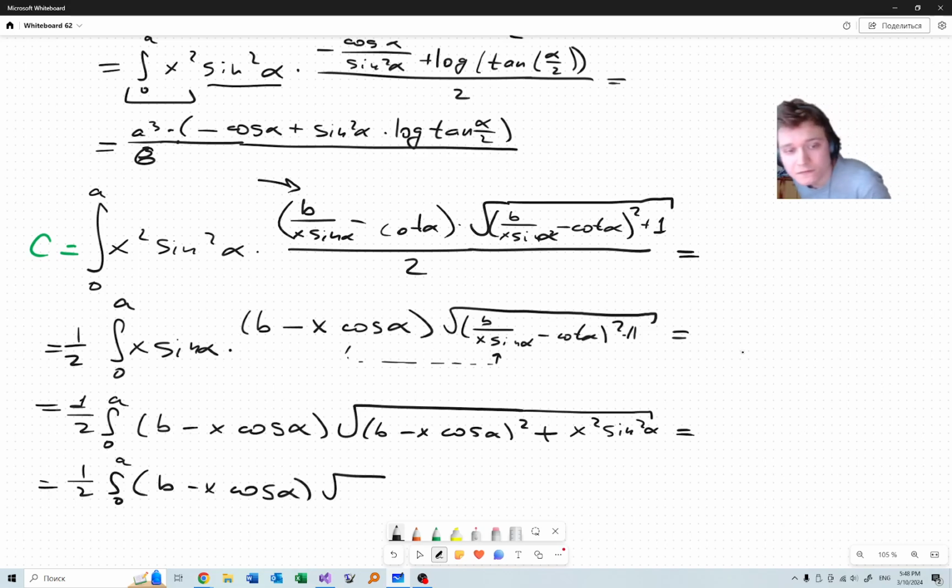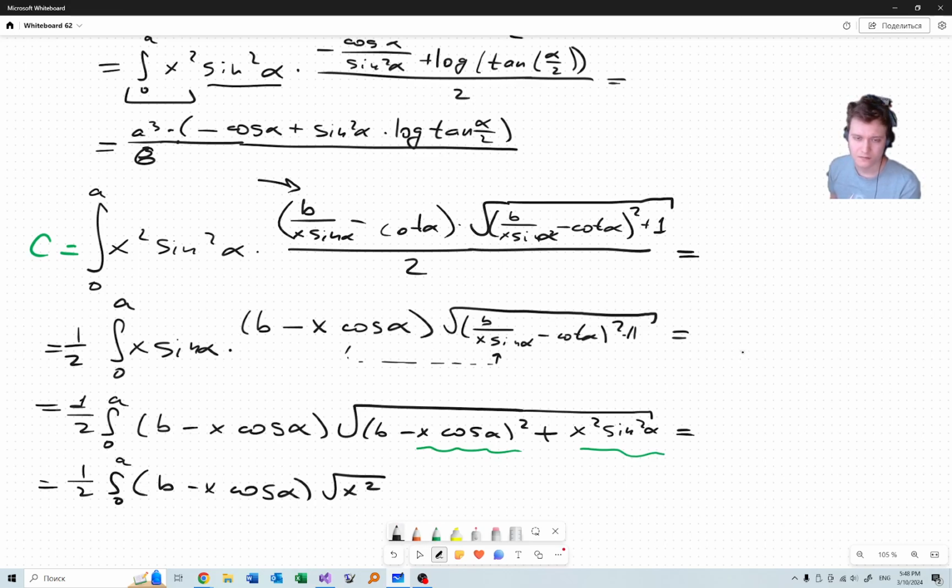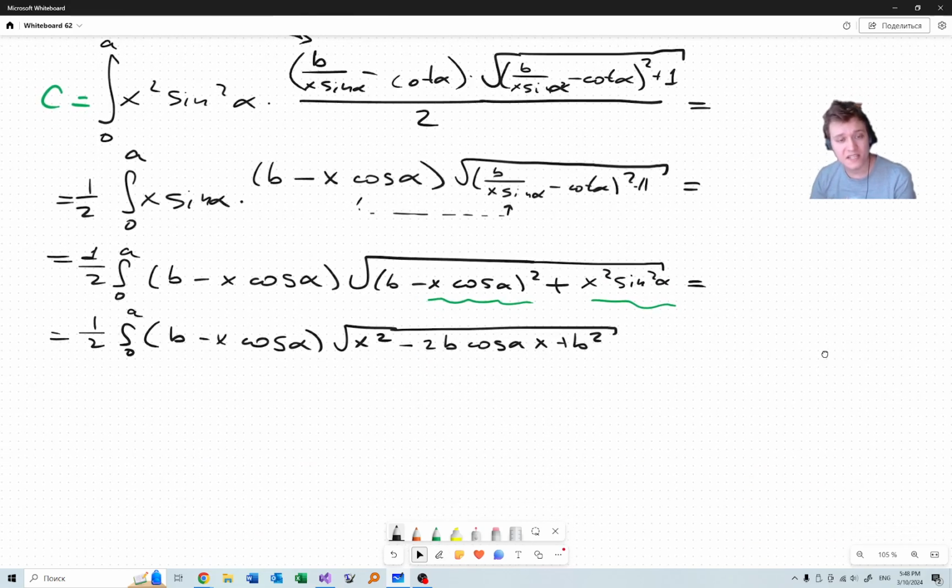So what do we have now? When we simplify everything, this becomes x squared, then we have minus 2b cosine alpha x and plus b squared. Yeah, so actually it's the same integral as before, this time with extra x cos alpha.